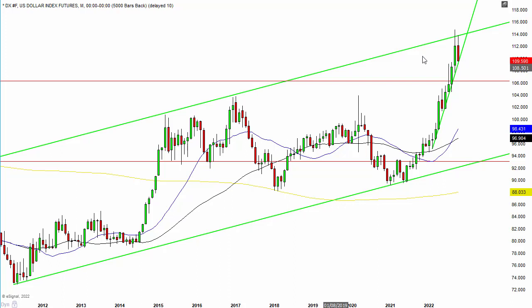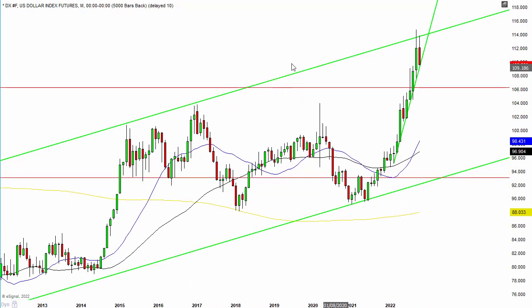But of course we have to be very cautious with this sort of thing, because obviously there's the overall dollar strength that we've still got in play, and the fundamental backdrop. Now, what would it take for the dollar to mean revert further?